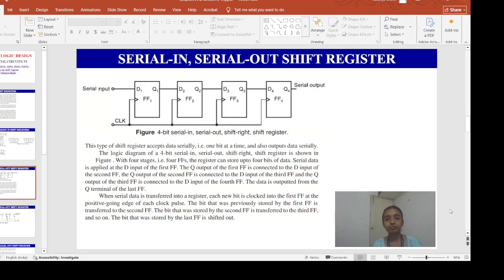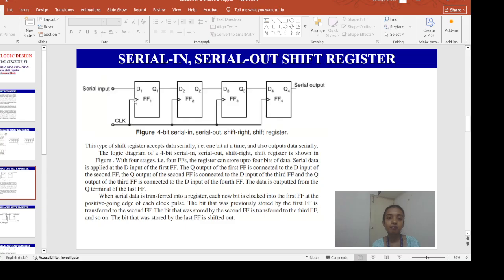Now, first we will see what is a serial in, serial out shift register, and how to form this kind of register. What we can see over here are D flip-flops, and all these D flip-flops are positive edge triggered.